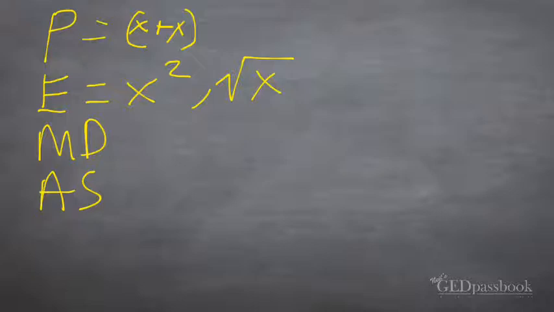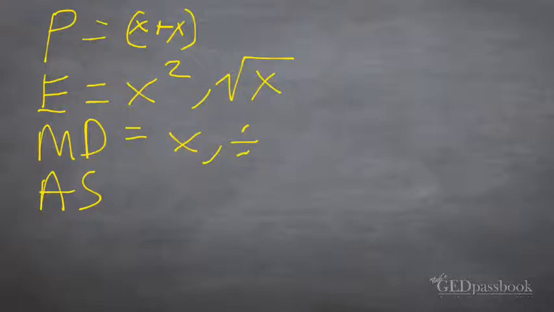Anything to the power of 1 is what? It's the number itself, right? We devoted a whole day to powers and roots. And then, after you get all powers and roots done, you must do any multiplication and division.